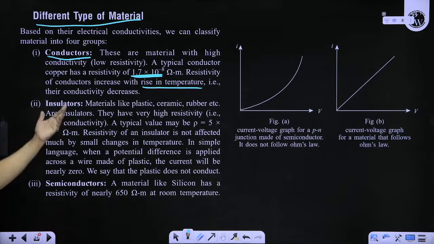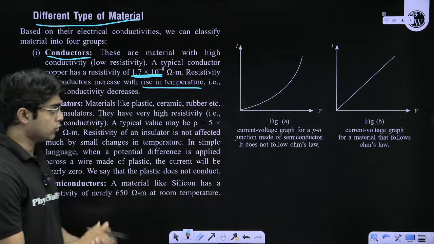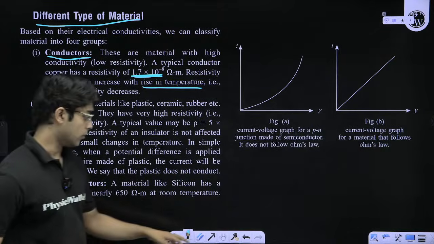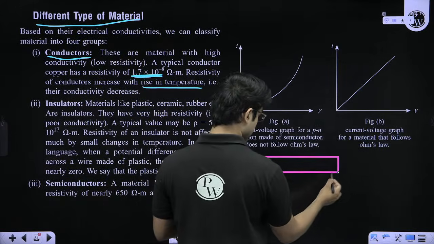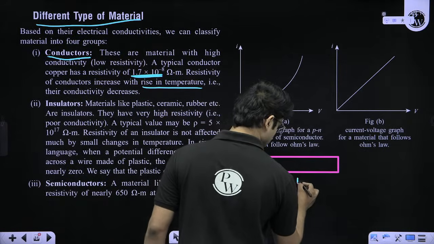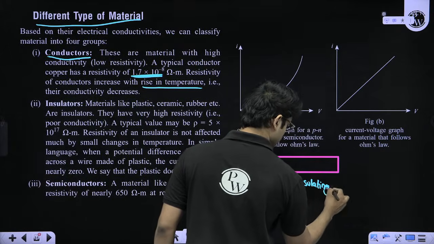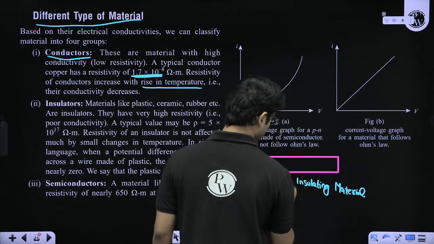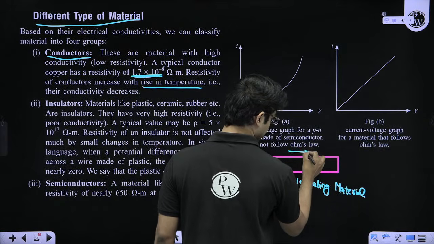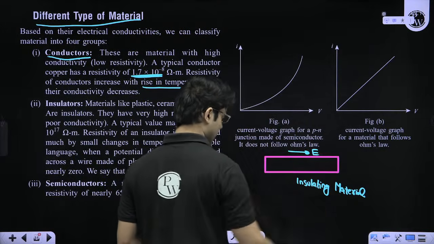And insulators are basically those types of materials which don't allow a current to flow through them. If you take an insulating material, you can apply an electric field inside it, but that will not cause any flow of charges inside.